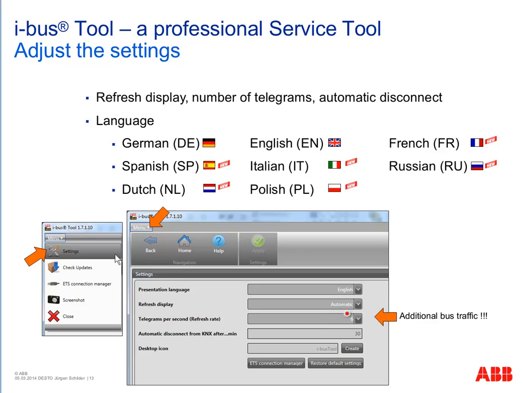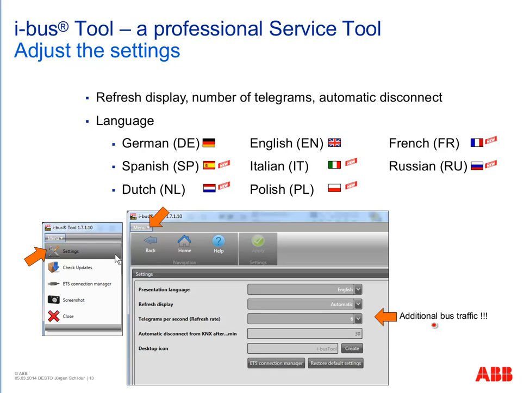Here is a very important parameter: how many telegrams should the iBUSTool send to the actuator per second. For example, the default is 6, so it means the iBUSTool sends 6 telegrams to the KNX device and reads out the status or values. So we have additional bus traffic when you use the iBUSTool.